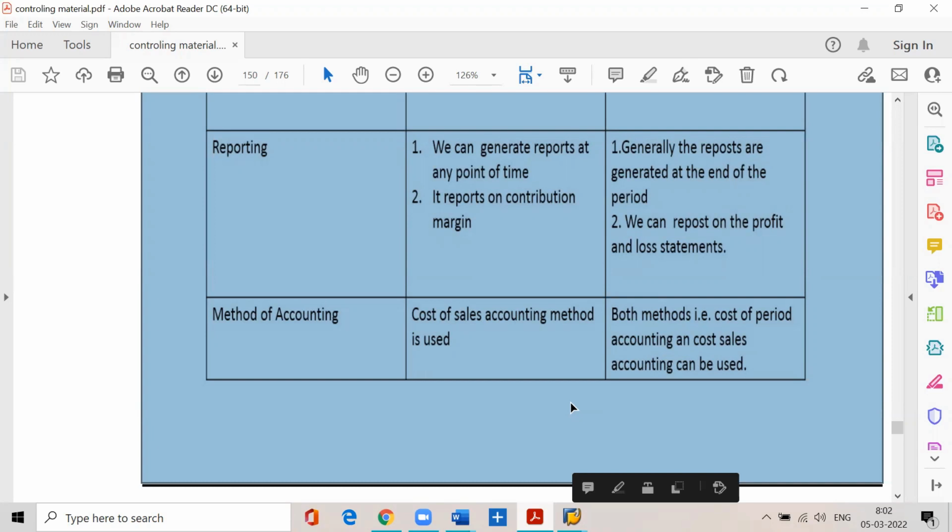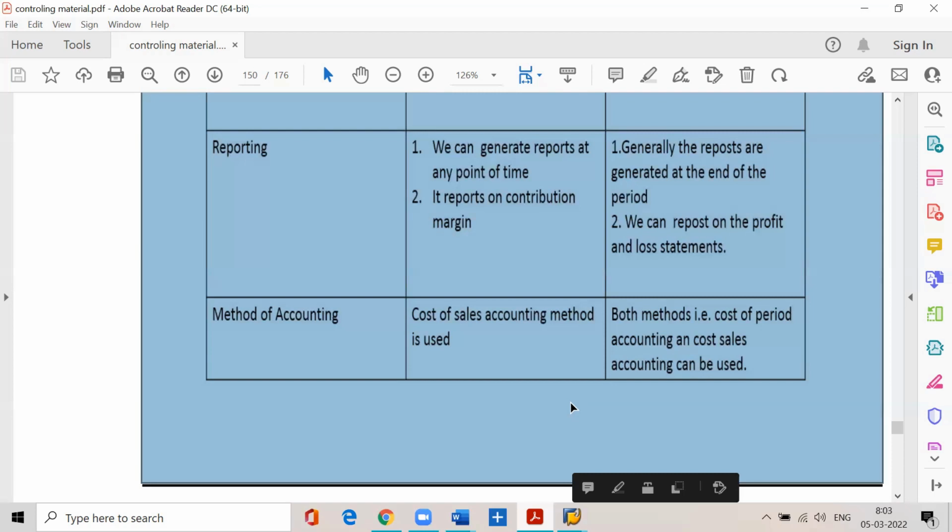That means in cost of period accounting, we always consider the opening stocks and closing stocks, which are evaluated at the cost price. But in cost of sales accounting, you consider the cost of production of sold units with the sales revenue derived from the number of units sold.